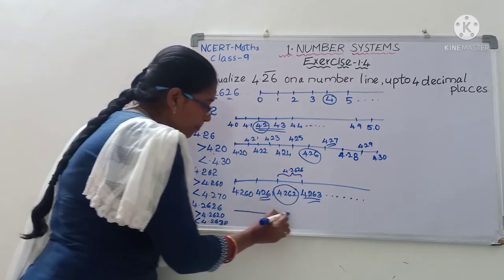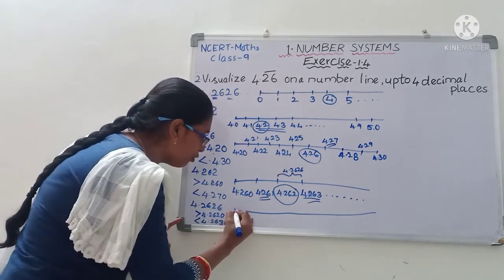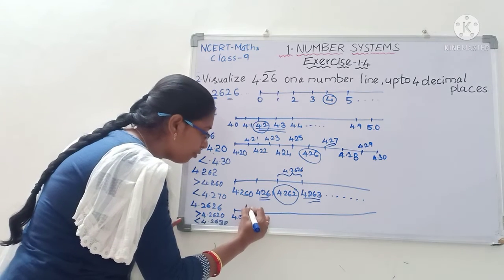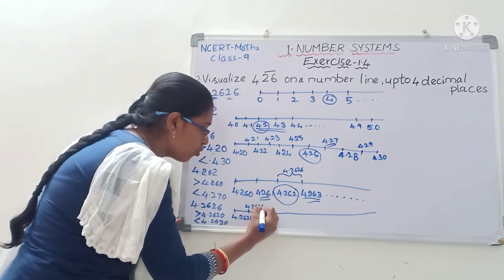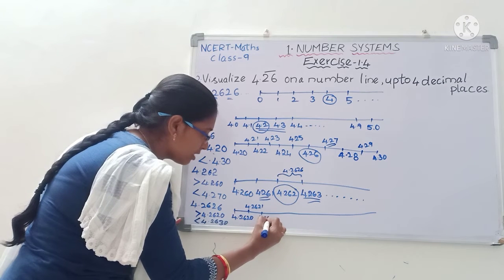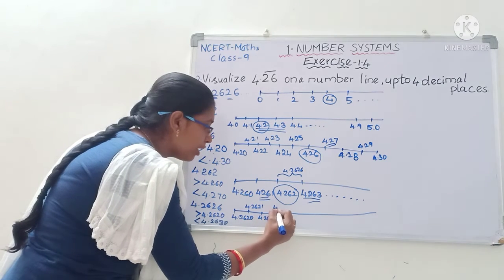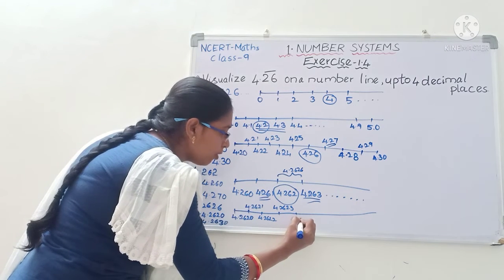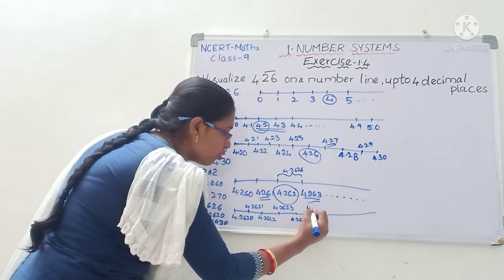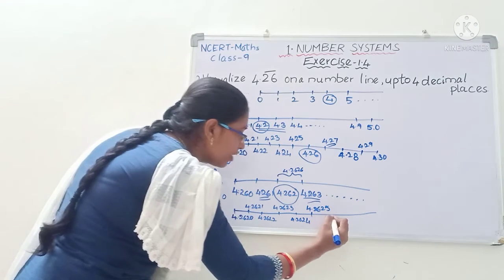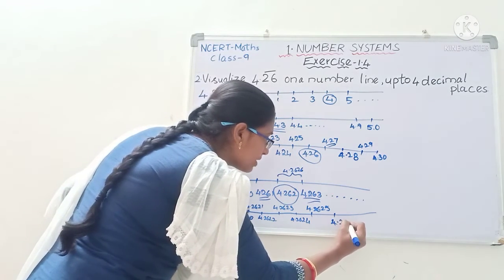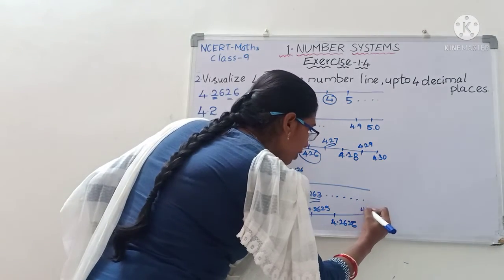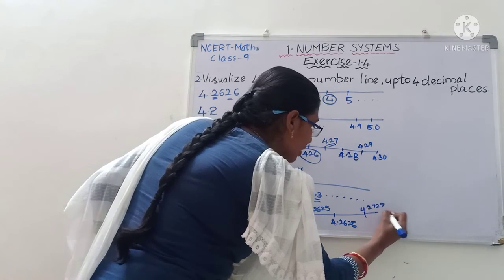So let us draw the line segment and start with 4.2620, then 4.2621, 4.2622, 4.2623, like that you get 4.2624, 4.2625, then you get 4.2626, then you get 4.2627 and so on.